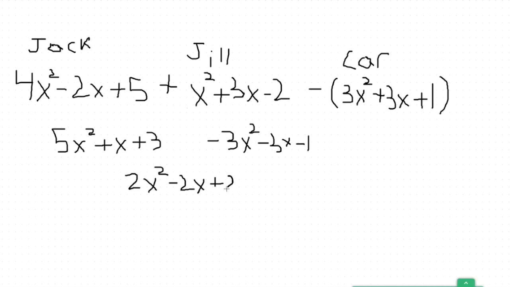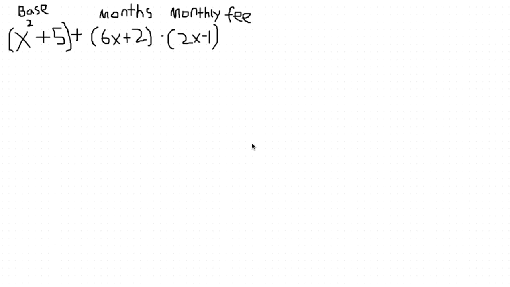So after they bought the car, they will have 2x squared minus 2x plus $2, and that wraps up the easy problem. So let's move on to the final problem, the hard problem.